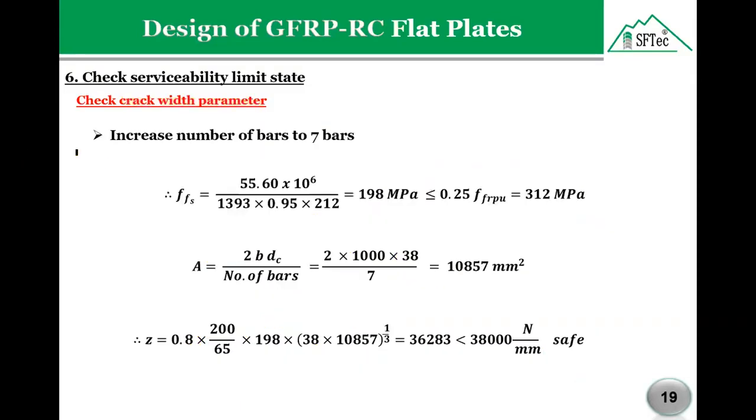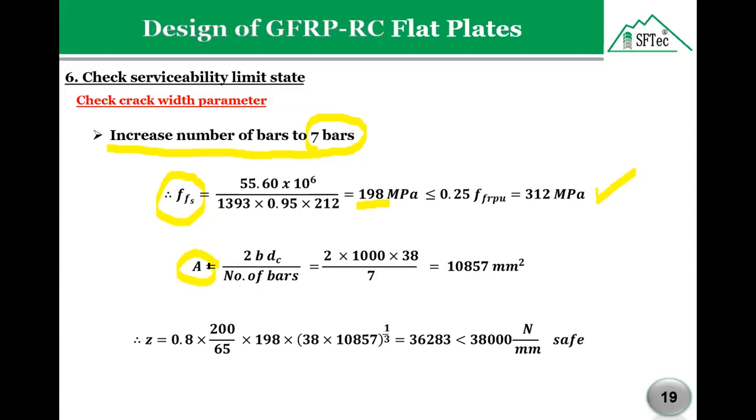So I decided here to increase the number of bars to 7 bars. Again, we are going to calculate the stress. The stress here equals 198, and this value is less than 0.25 times the ultimate tensile strength of the bar. So this one is okay.